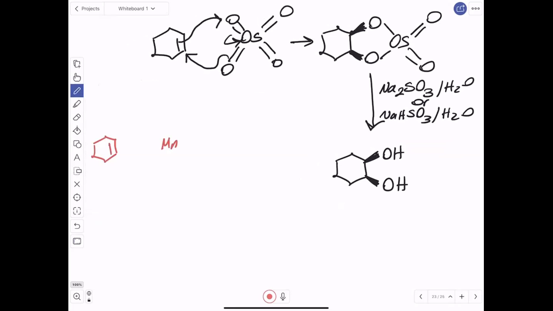This is permanganate. Similarly, the pi bond breaks. Carbon starts to form a sigma bond with oxygen. This pi bond breaks on manganese. This pi bond breaks on oxygen, and then oxygen forms a new sigma bond with that carbon. So both oxygens will add to the same side at the same time.